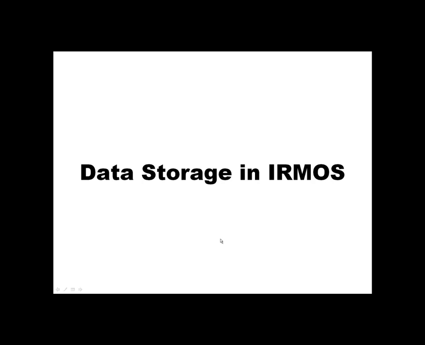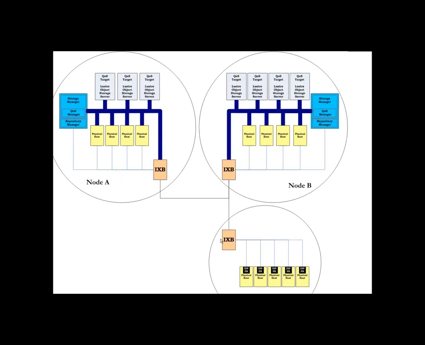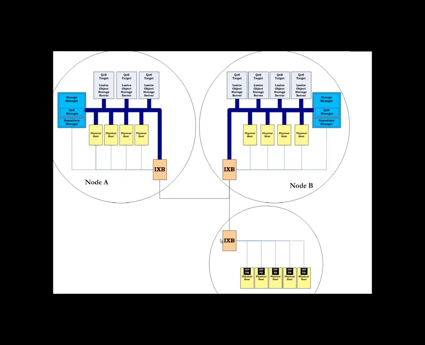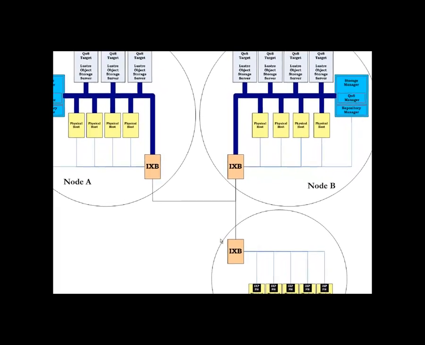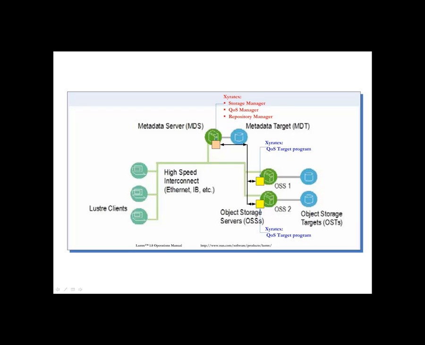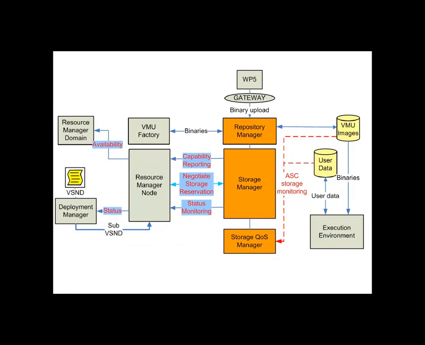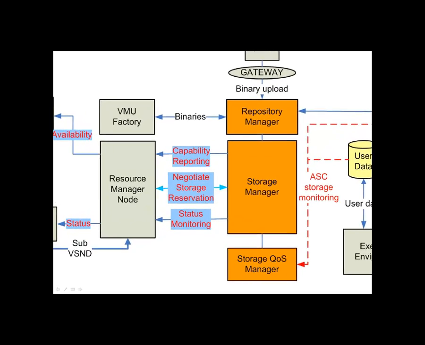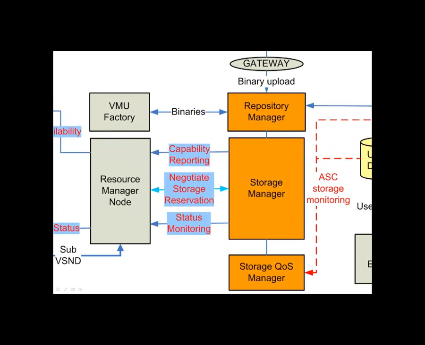IRMOS data storage, a part of the ISONI infrastructure, is provided within each node of the demonstration testbed using a high-performance clustered storage system. Each storage node connects to each host and application service components running within virtual machines using an InfiniBand network.